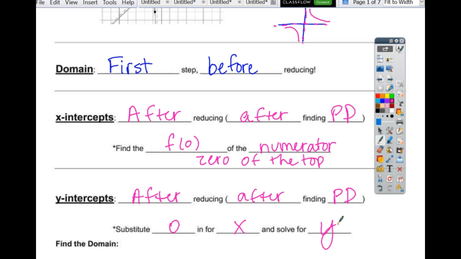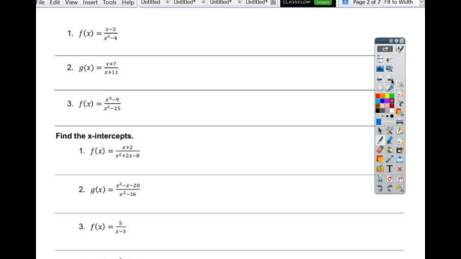So the domain is going to be all real numbers except for the vertical asymptotes, and you find it first before you do any reducing. So on number 1, if I want to find the domain on number 1, before I even reduce, but I do have to factor.